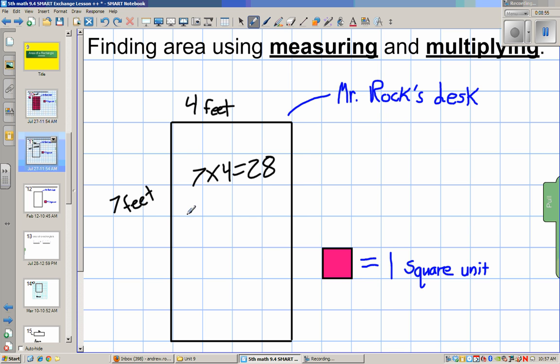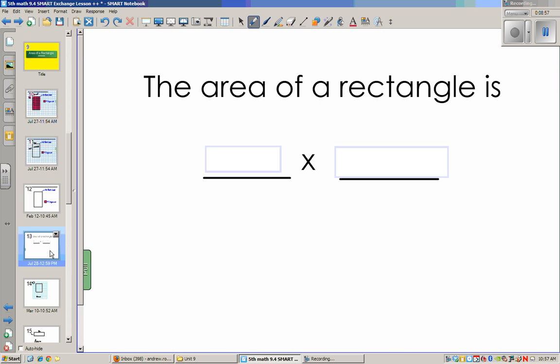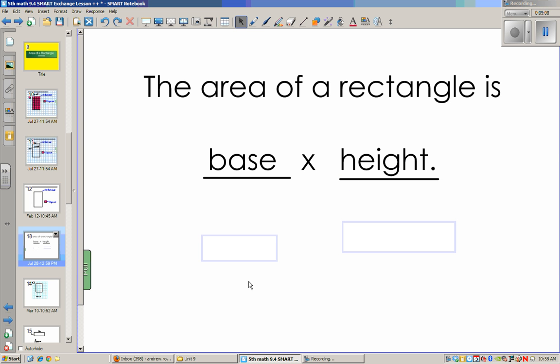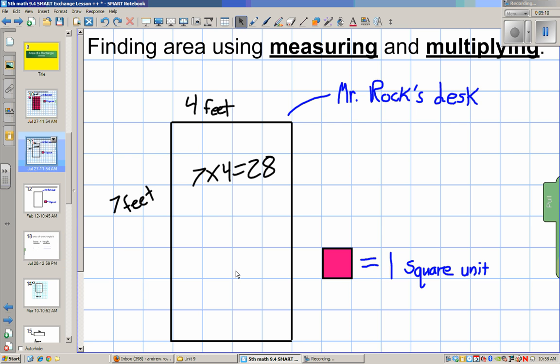You take the length, or excuse me, we'll call it the base, and you multiply it by the height. So if I go back up here, we'll call 4 feet the base because that's what it's sitting on, and 7 feet the height. And we just multiplied 4 and 7, base times height.